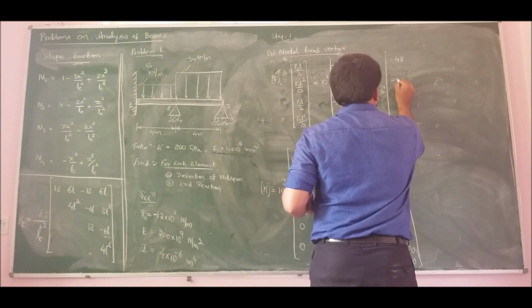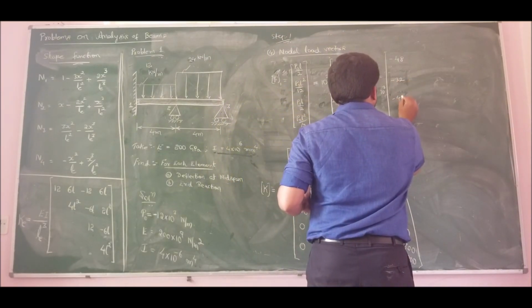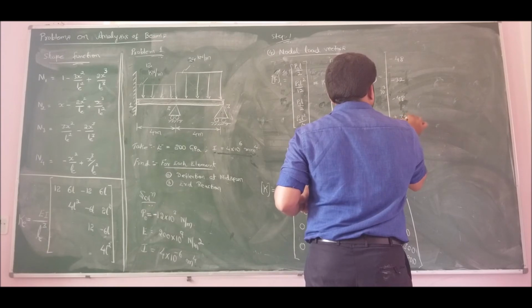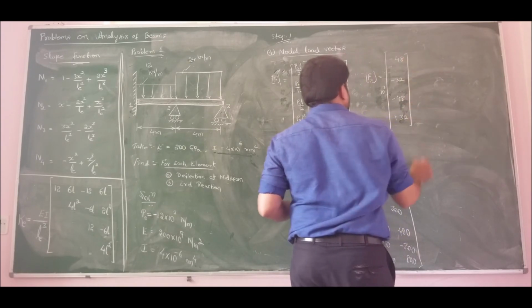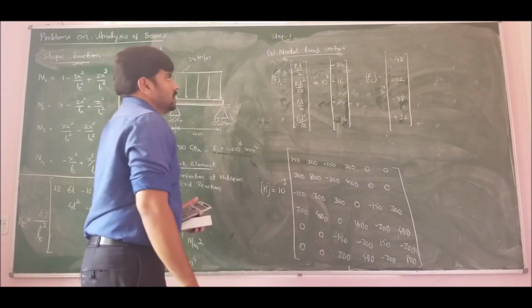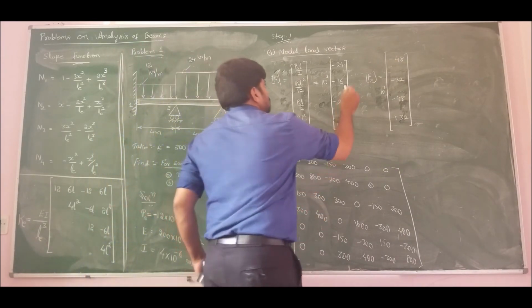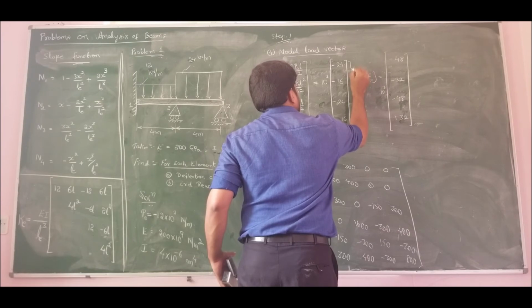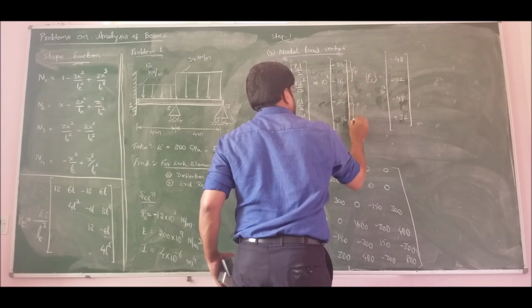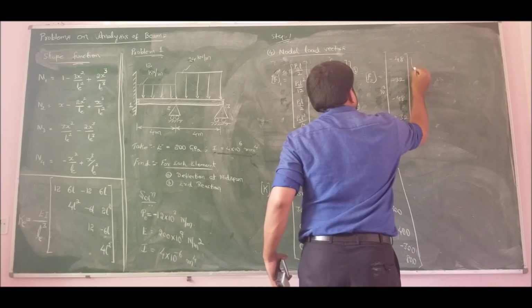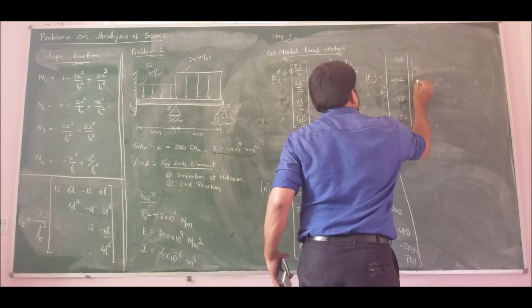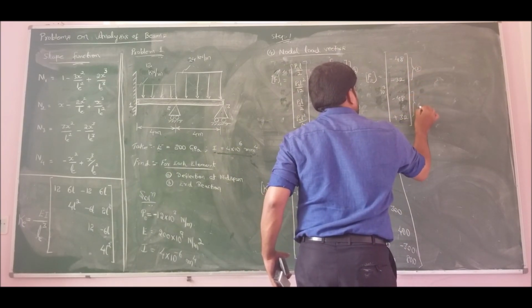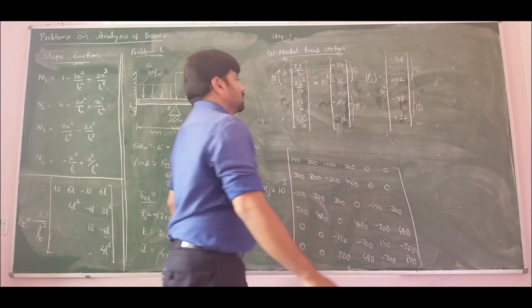So therefore it is minus 32, minus 48 and plus 32. Now these two are for node number 1, these two are for node number 2 and these two values are for node number 3.